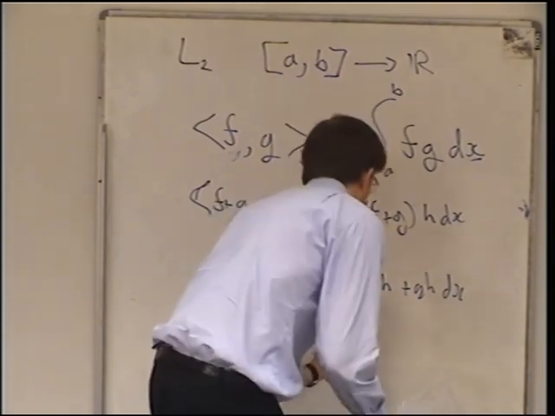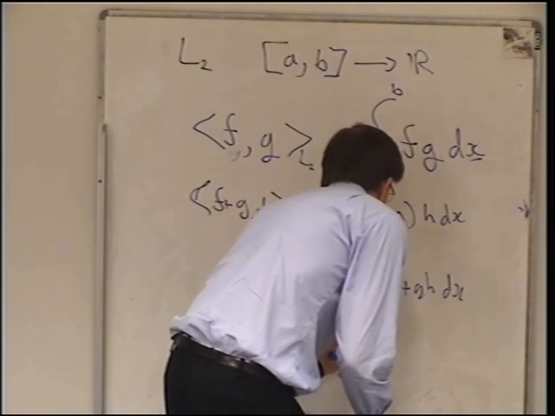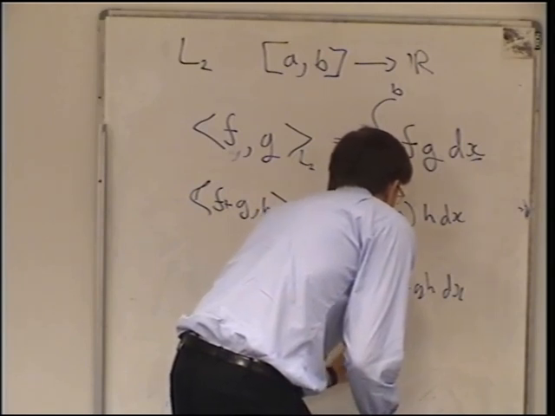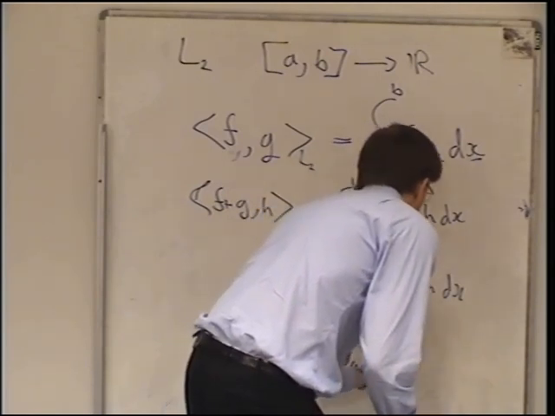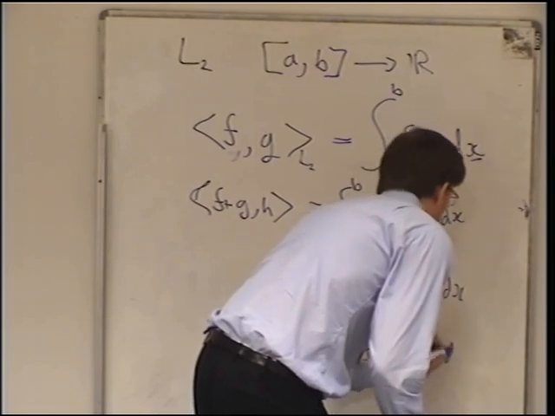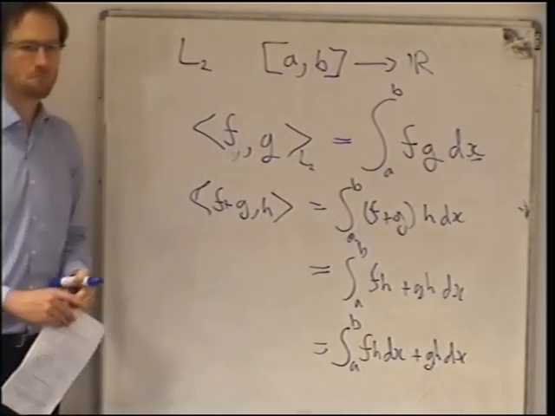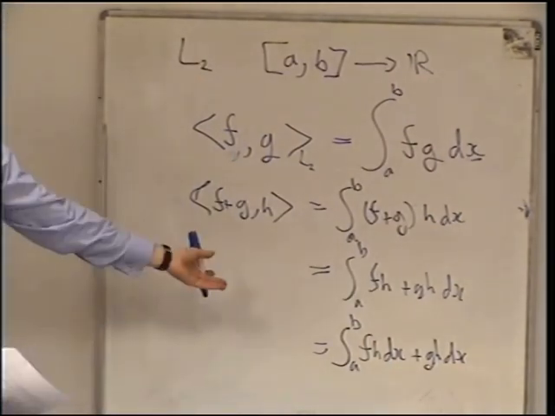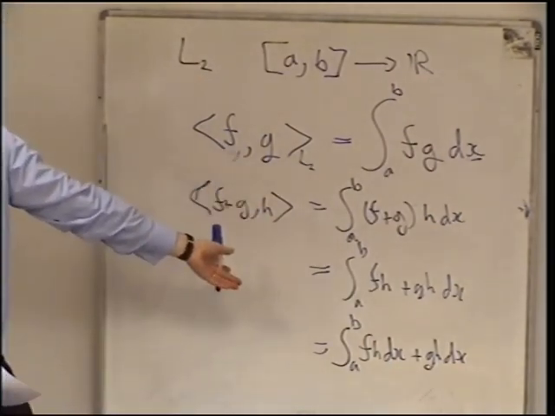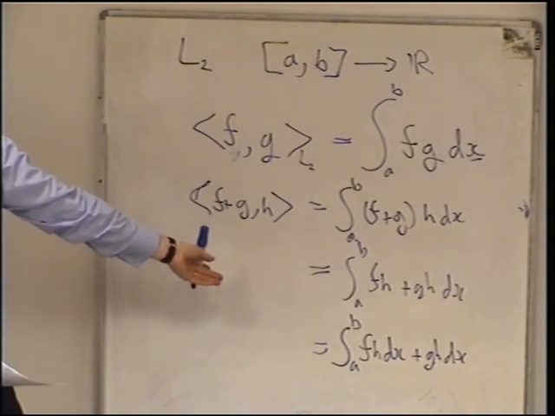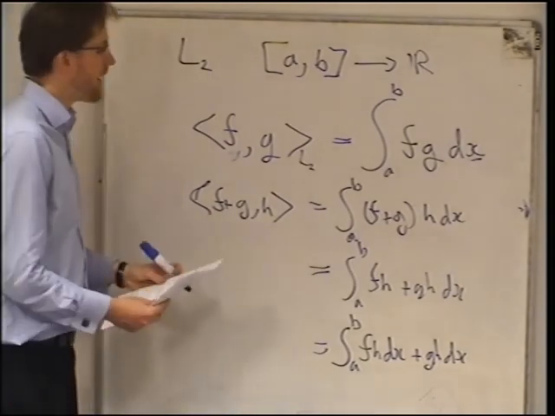I apologize to people at home, I've probably just gone off the screen. If you're sitting at home, that last line is an exercise for the reader. So that falls out just by what you already knew about products. Similarly, scaling falls out. So that's not a big surprise.